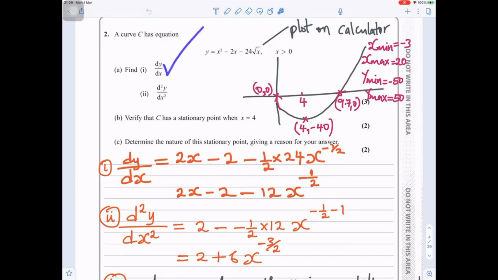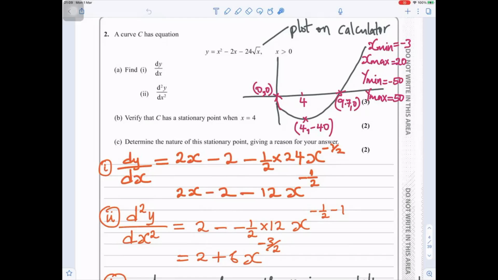That's dy over dx. For d squared y over dx squared, you differentiate the second time. When you differentiate, you multiply by the power and subtract 1 from the power. Do not confuse with integration. So differentiating 2x will just give you 2. Differentiating 2 will give you 0.